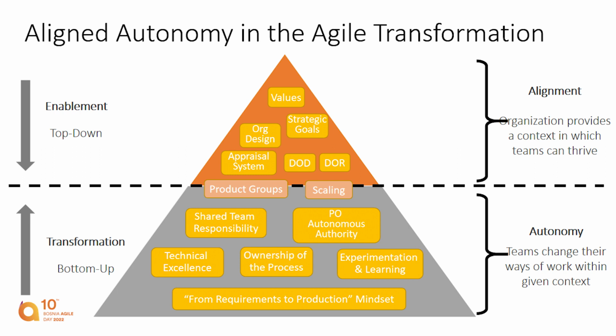By doing a series of experiments, trying and failing or succeeding. No one knows what the solutions are that will work, but by doing experiments, we will learn what the solutions are. So once again, from top down, we have the alignment with the transformation, and from bottom up, we have the autonomy of the teams.